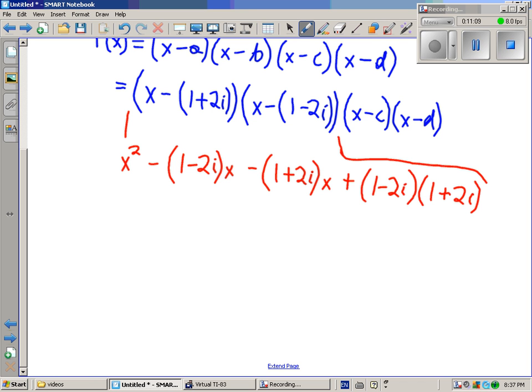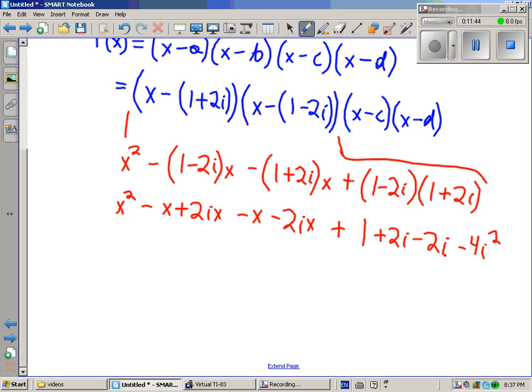Let's simplify this out. x squared minus x plus 2ix, so we distribute that x, minus x minus 2ix, and then plus, we have to FOIL these last two binomials again. So the first two terms, 1 squared plus 2i minus 2i, and then minus 4i squared.